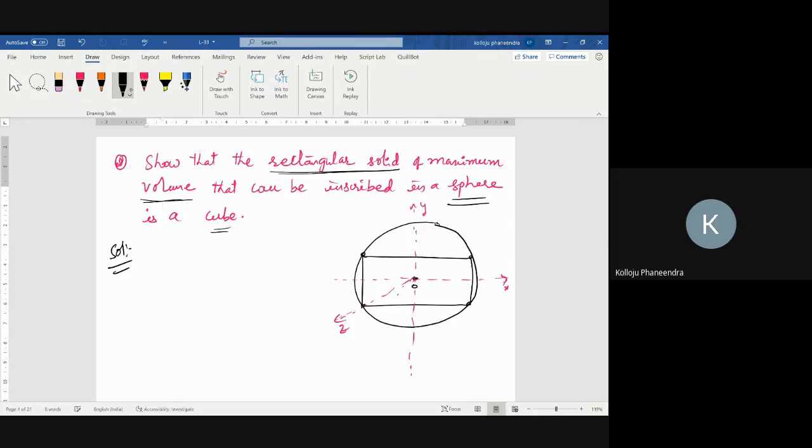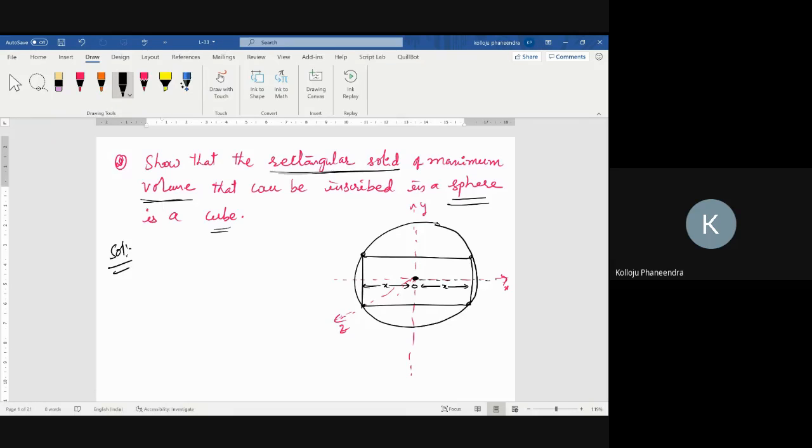Now, since this is the x-axis, from the origin, let us consider this distance is x. Obviously this distance is also x. Therefore, what is the length of the rectangular box? Generally, if a rectangular box is given, we take x, y, z as the dimensions.